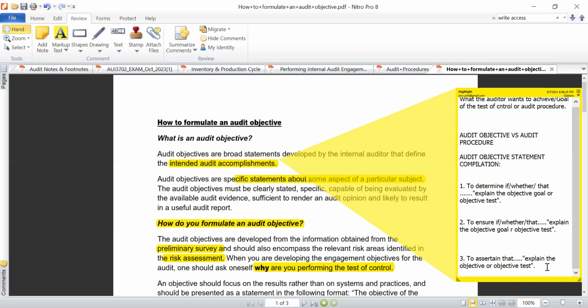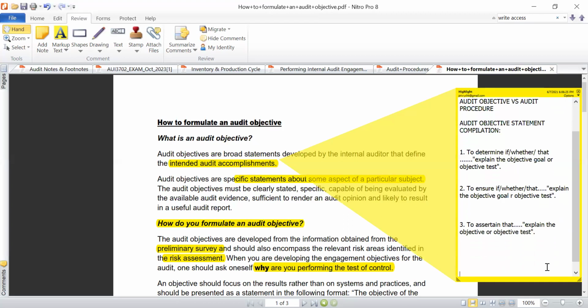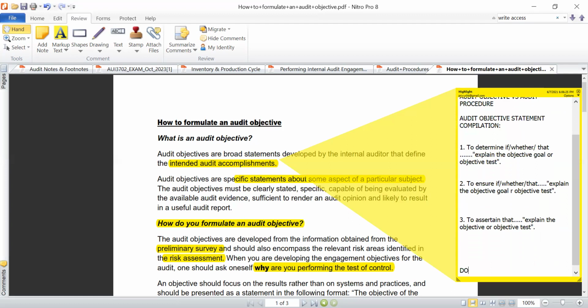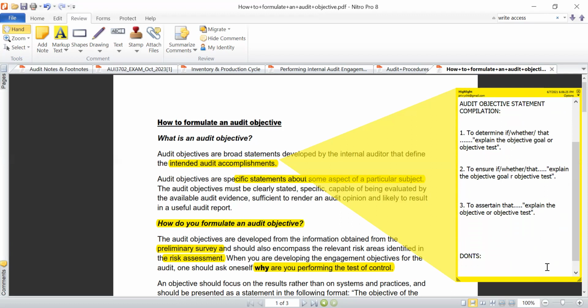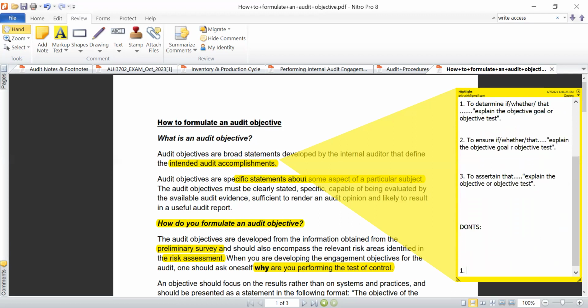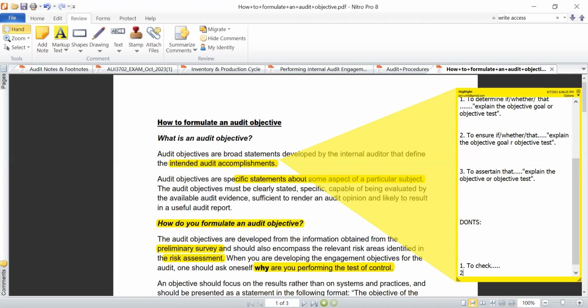So here are the don'ts. What I've shown you, those are the do's. What I'm about to show is things you should not do. Never write your objective statement like, for instance, to check, and then explain the objective statement. Trust me, the moment you do that, you get 0. Don't start your objective statement by saying to see.